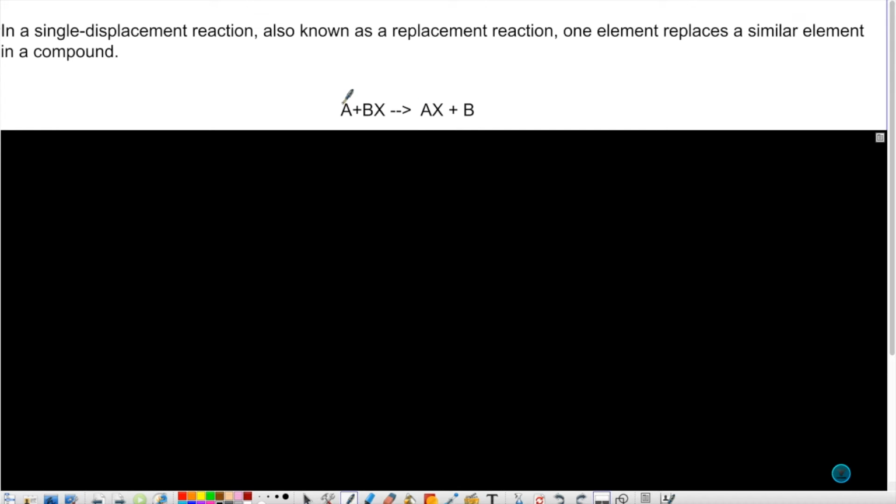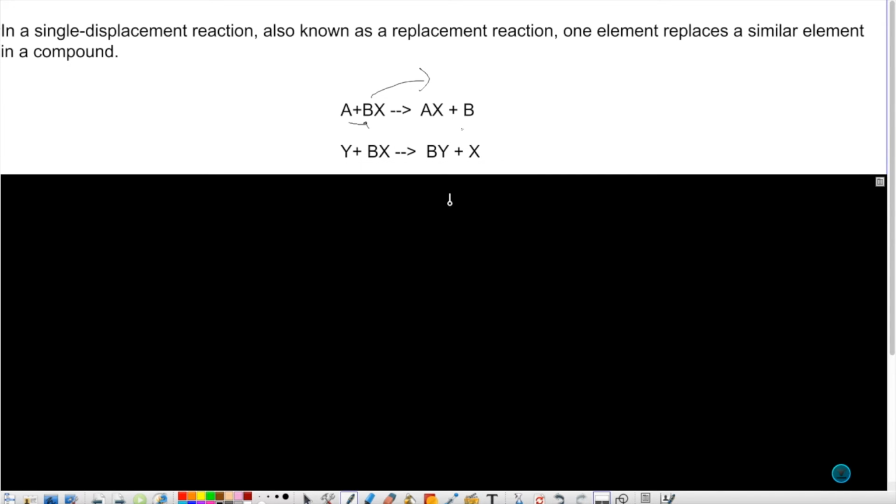So if you said that A and B are likely both metals, you are correct, right? A is displacing or replacing B. A comes in and it kicks B right out, okay? Kicks B out, B joins its own self, okay? And A becomes part of the compound.